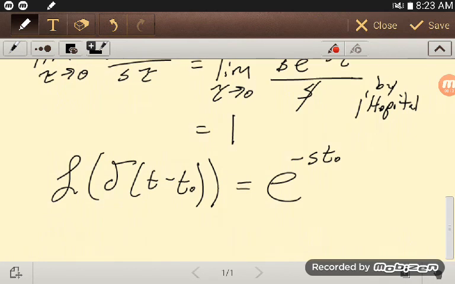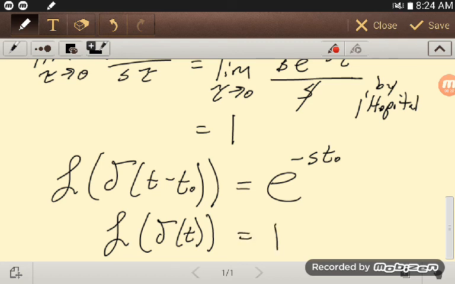Right? So Laplace transform of Dirac delta function at 0 is equal to 1. So there's the derivation of our Laplace transform for the Dirac delta function. We get that. And so now I guess we're ready to solve some differential equations. So we'll do that.